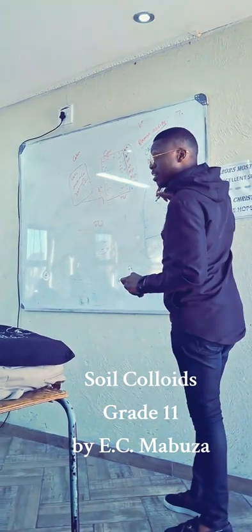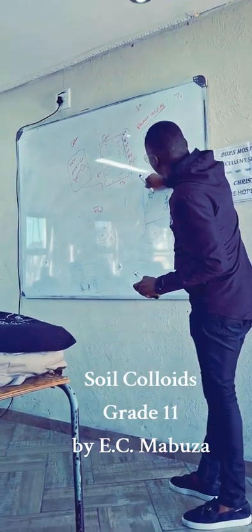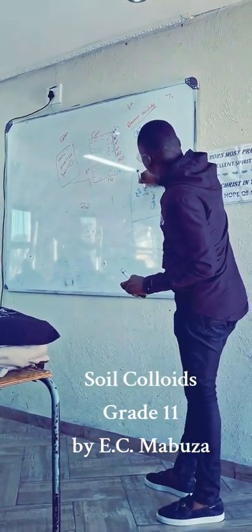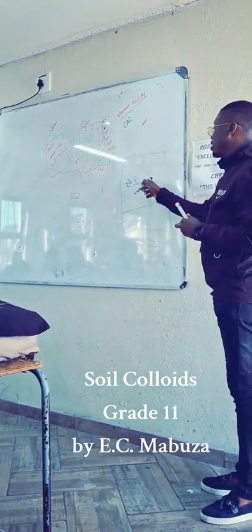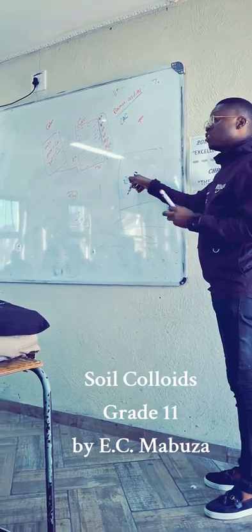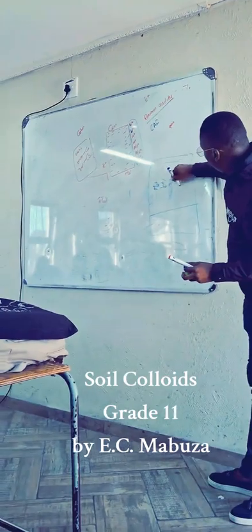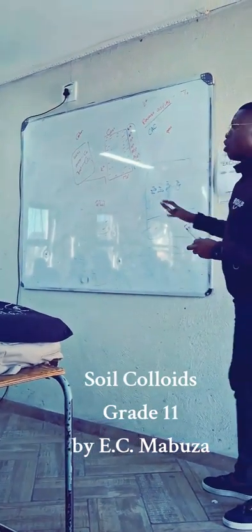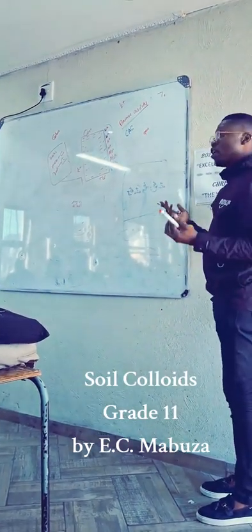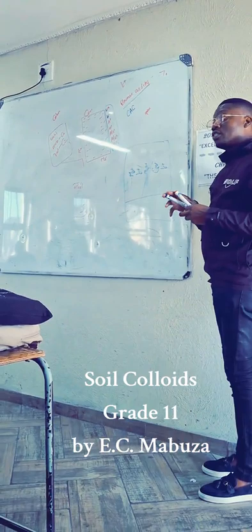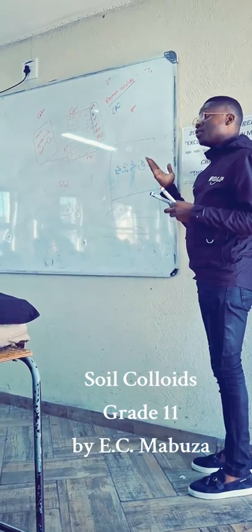Going back to soil profile, and we have potassium and sodium, as well as magnesium and calcium. Overall, this one is basic. Let me add another potassium. We have predominance of what? Of the basic cations. Overall, this soil is basic.